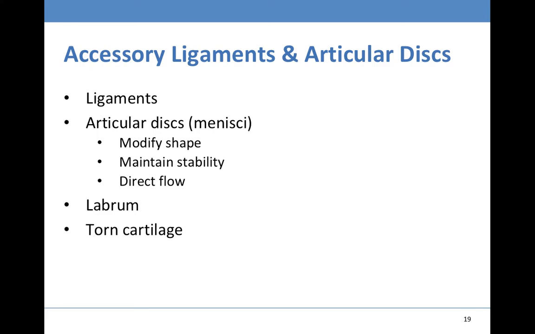And then finally, a clinical connection to bring things back around: torn cartilage. So torn cartilage will occur frequently in the knees of athletes, and this torn cartilage is damage to our articular discs that are between the ends of some of the bones.